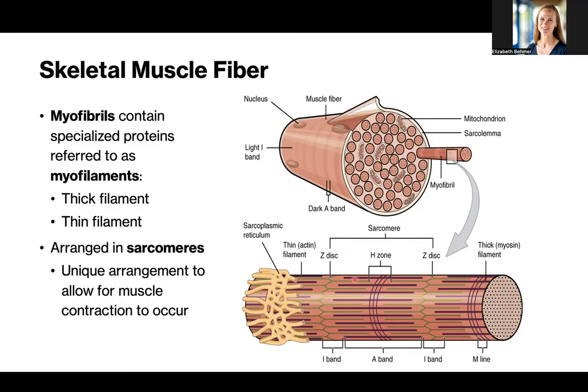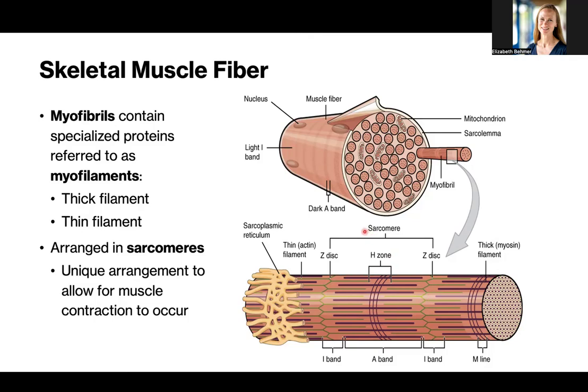Because we have areas of more thick or overlapping filaments and areas where it's only thin or actin filaments, this is what gives our skeletal muscle tissue a striated or striped appearance. You're looking at thicker sections where you see lots of overlap between the two filaments, and thinner or lighter colored sections where you're only looking at thin filaments.